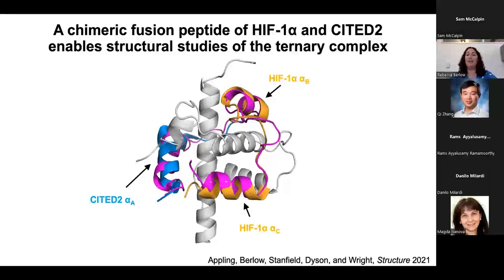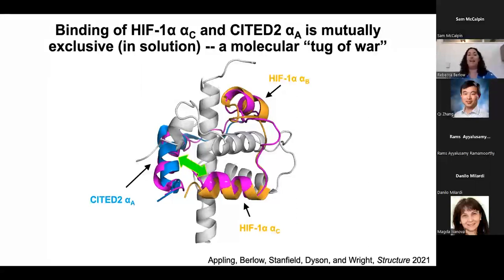But then as Frank started doing more NMR experiments on this fusion peptide, he stumbled across something pretty interesting that wound up being very informative for understanding how HIF-1 alpha and CITED-2 compete. And that's simply that in solution, he found that binding of the HIF C-terminal helix and the CITED N-terminal helix, so HIF alpha C and CITED alpha A, is actually mutually exclusive.